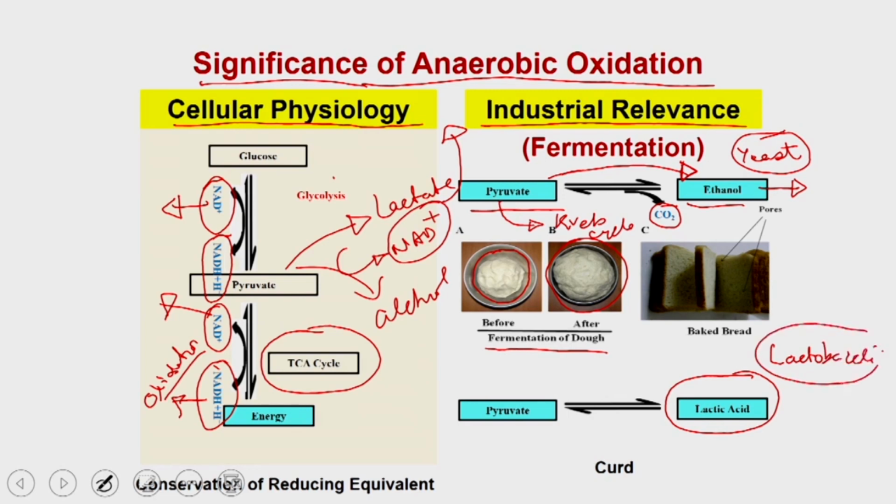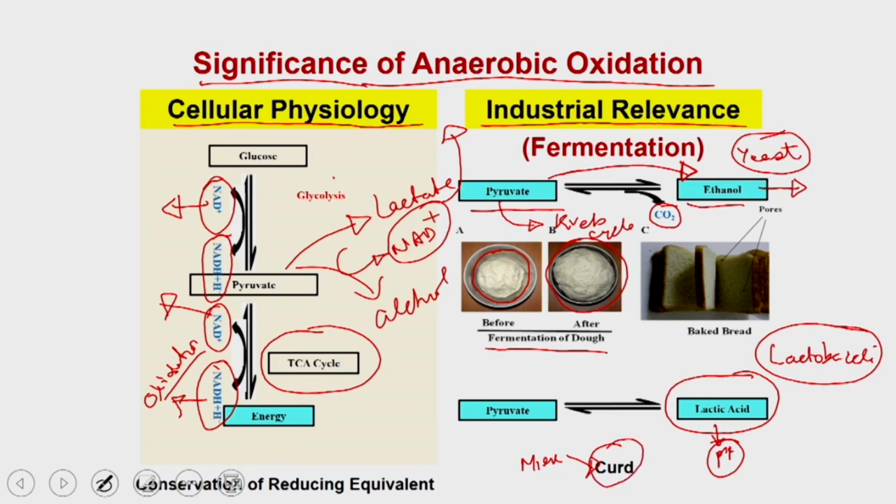So, in the case of lactobacilli, you are converting the pyruvate to lactic acid, and lactic acid reduces the pH of the media, and because of that it converts the milk to curd, and that is how lactic acid bacteria or lactobacilli have a relevance in the production of curd.